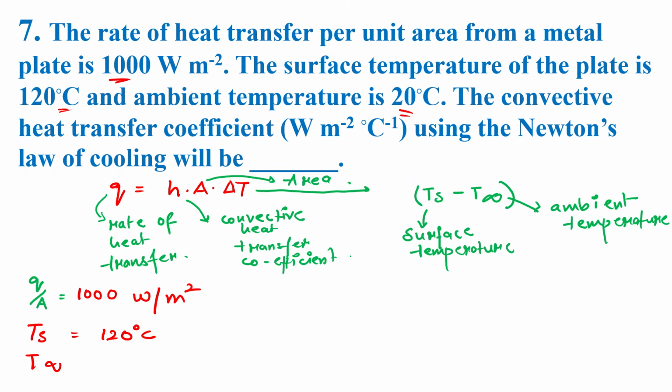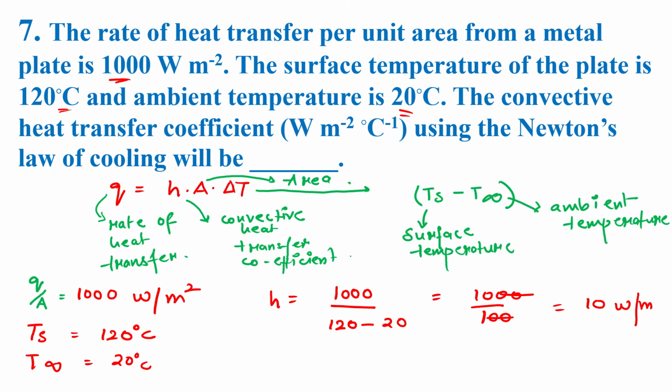We'll just put the value and calculate H. So H will be 1000 divided by 120 minus 20, or it will be 1000 by 100, which is 10 watt per meter square Celsius. This is my answer.